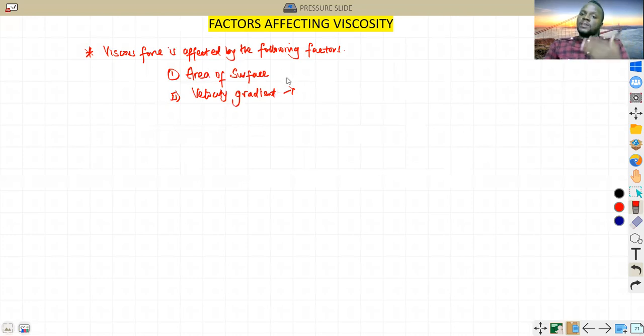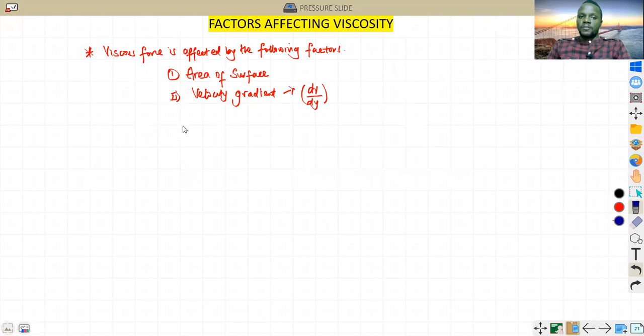So it can be dv by dy. In some of your test material in your examination, the examiner can put it as dv by dx. So always keep at the back of your mind that velocity gradient is the rate of change of speed with respect to the distance covered. Here I'm taking dv by dy. It can be dv by ds. It doesn't change anything.